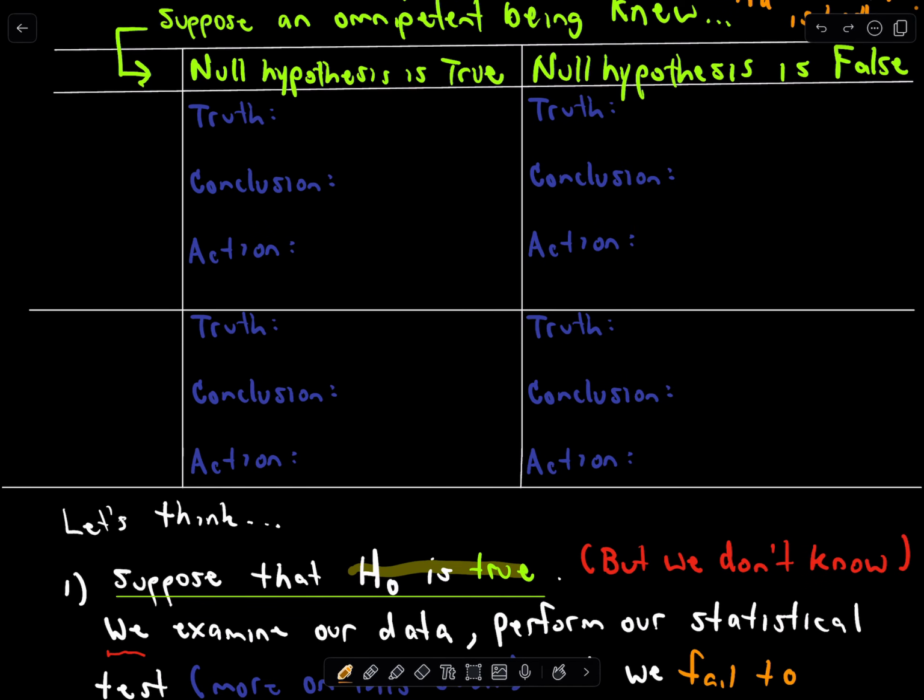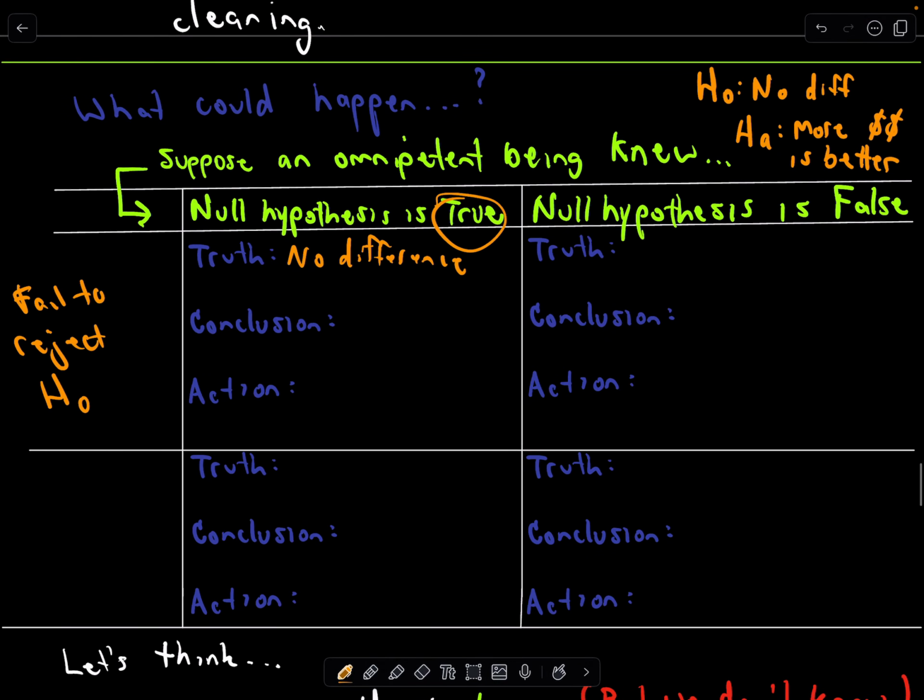Suppose we fail to reject. If we fail to reject it, think about it this way. We're keeping it. And that's good because the null hypothesis is in fact true. So the truth of the matter in this case is that there's no difference between the two soaps.